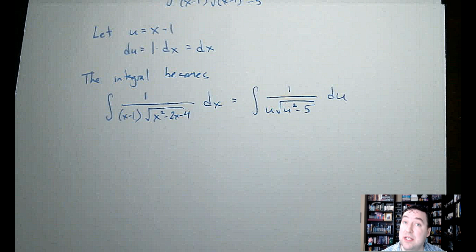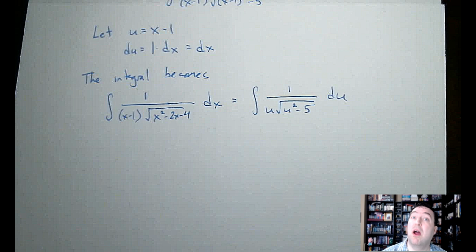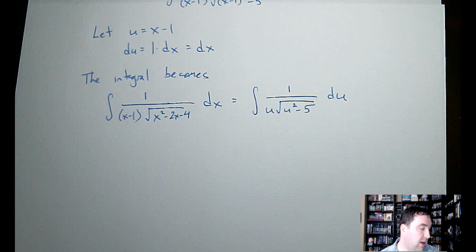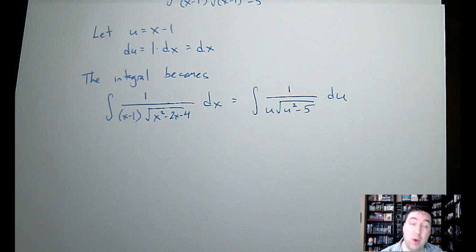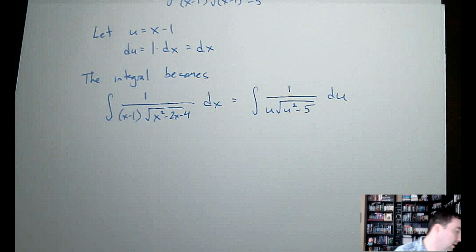Right, so that is now in the form of an arcsecant type integral. Because we know in general that if we've got the integral of 1 over x times the square root of x squared minus k squared, that would give us 1 over k times the arcsecant of x over k. Here we've got u's instead of x's, but we know that's not a big deal.